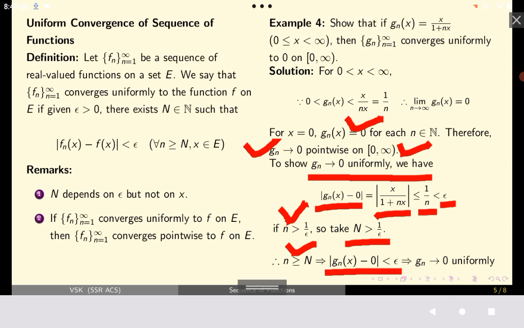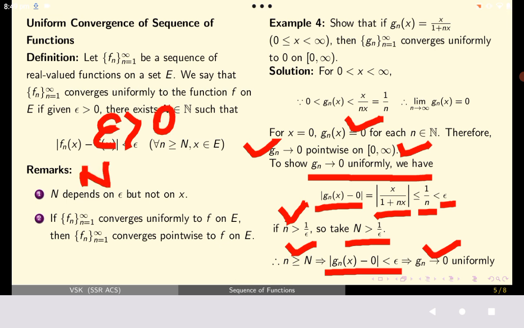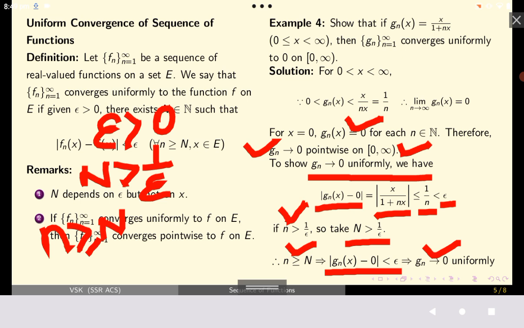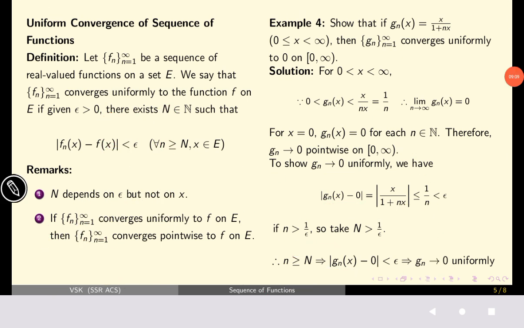But this implies that g_n converges to 0 uniformly. What we have shown here is that for given epsilon greater than 0, we have found the value of N greater than 1 by epsilon, such that when n is greater than or equal to N, then |g_n(x) minus 0| is less than epsilon. So g_n converges to 0 uniformly.